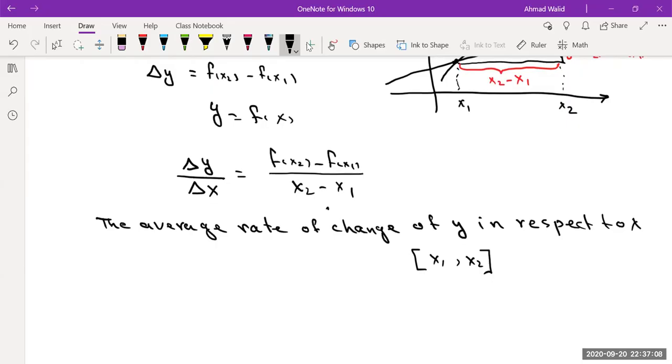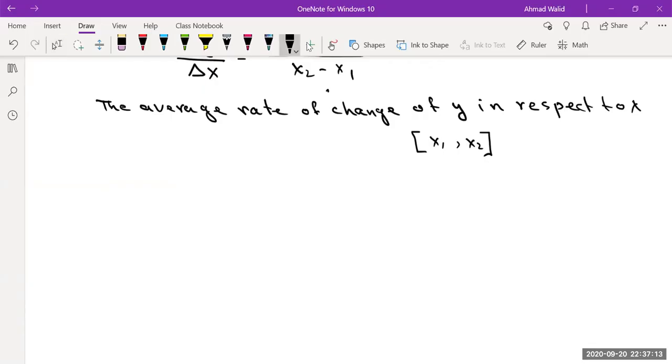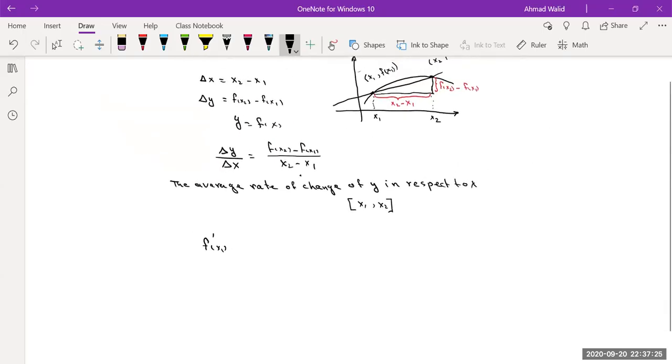To find the slope of the tangent line, if you remember the beginning of this chapter, if I want to find f prime of x1, it means the slope of the tangent line. Let me put my page a little bit smaller.